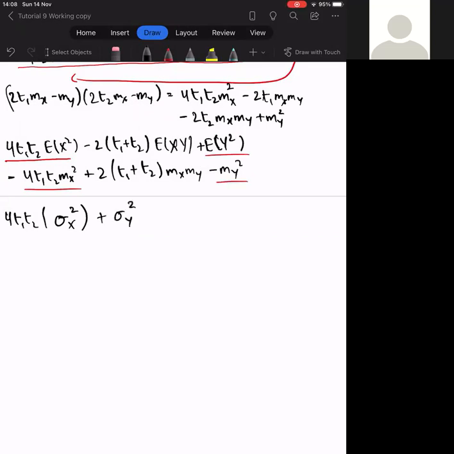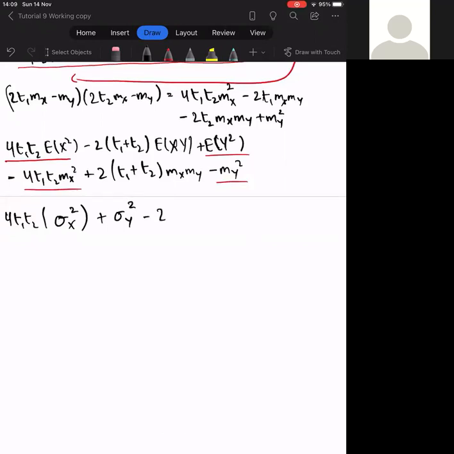And if we look at the middle two terms, that's E of xy minus E of x E of y, which is the covariance. And since we're given their variances sigma x squared, sigma y squared and correlation rho xy, we can write the covariance in their notation. So this would be minus 2 of t1 plus t2.